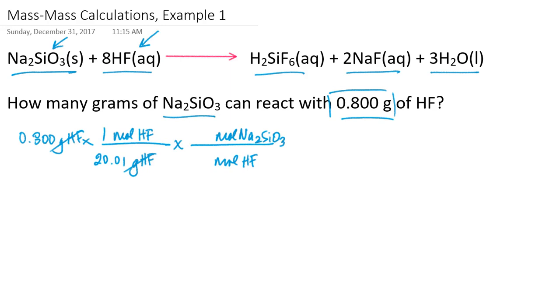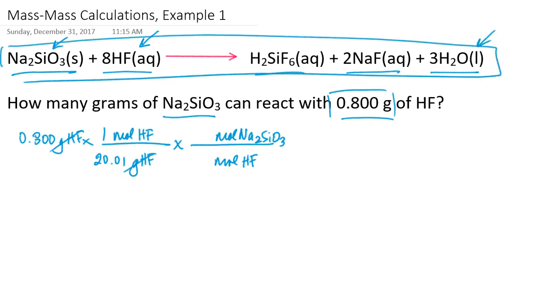Now, if I look at the balanced chemical equation, then I already know that for every 8 moles of hydrofluoric acid, 1 mole of sodium silicate is involved in the chemical reaction. So if I cross out my units that cancel, I'm currently in moles of the sodium silicate. But I want to convert to grams of sodium silicate so that I satisfy the requirements of the problem.